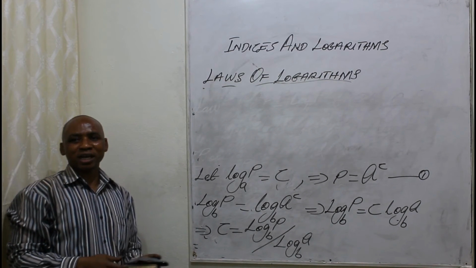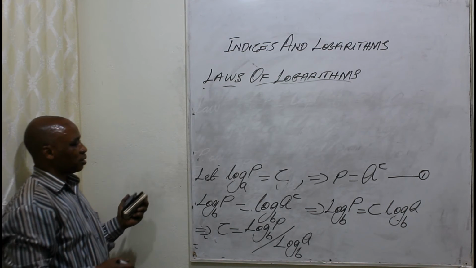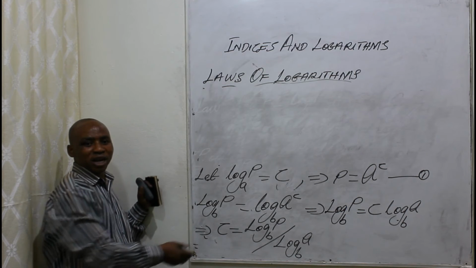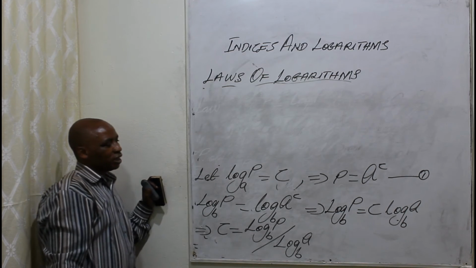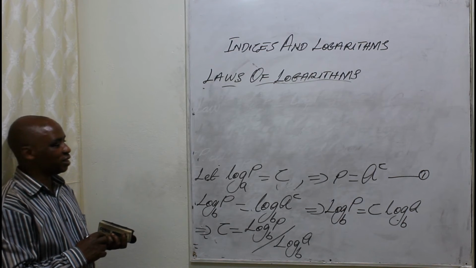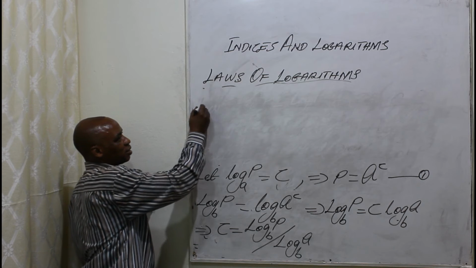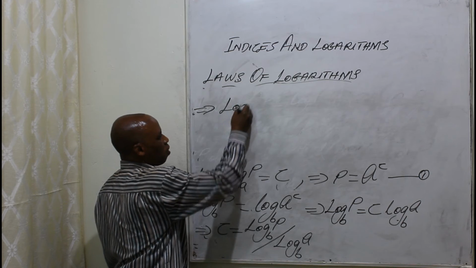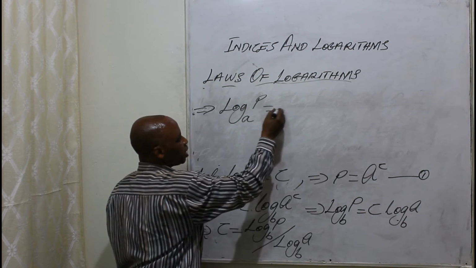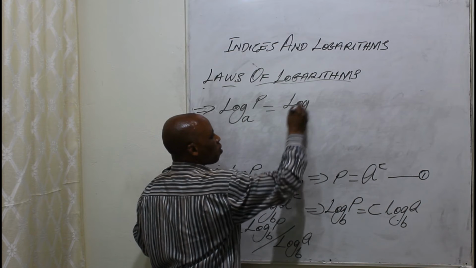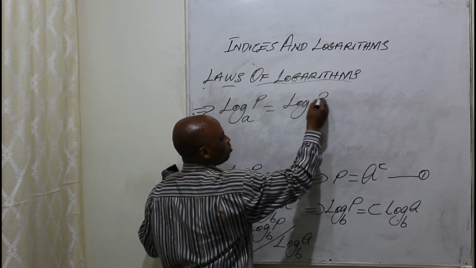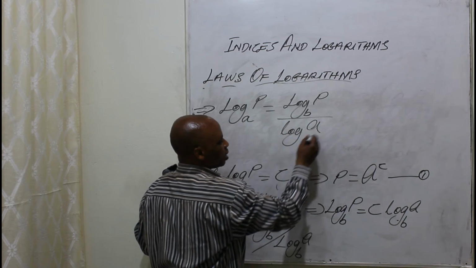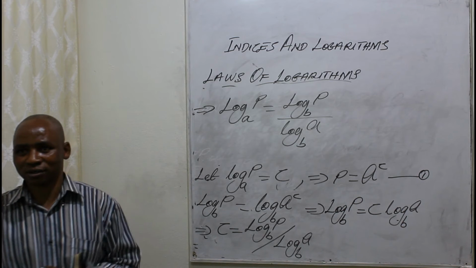But from the beginning, we said let the log of p to base a be c. What it means is that in place of c, we can put the log of p to base a there. Hence, we will end up getting the log of p to base a equal to the log of p to base b divided by the log of a to base b as required.